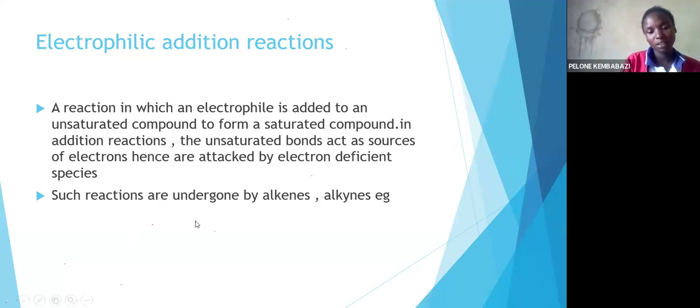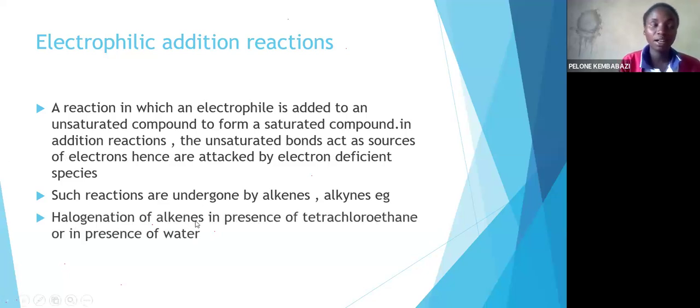Among the bonds that they have is a pi bond, which acts as a center of high electron density, and it can donate electrons towards electrophiles. An electrophile will be added to that organic compound and we form a saturated organic compound.